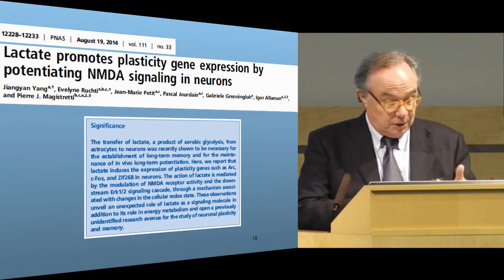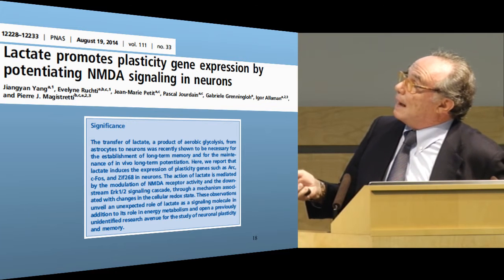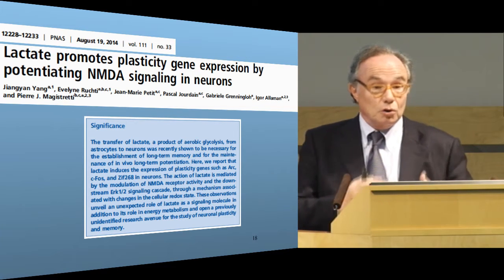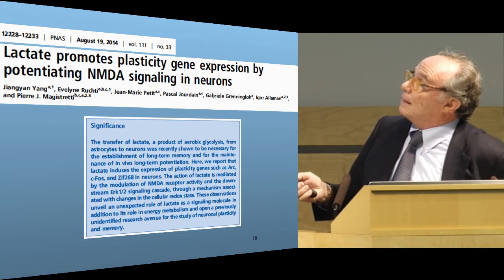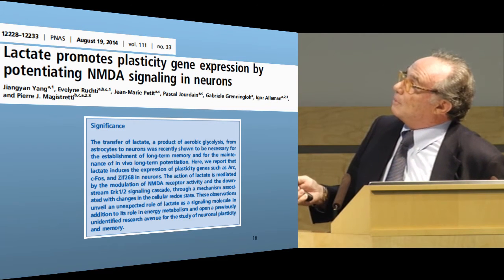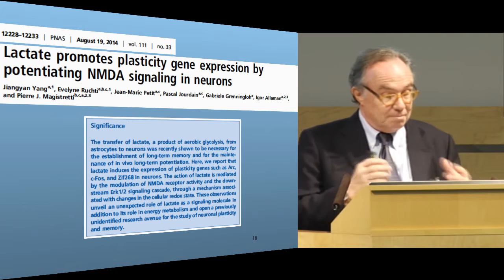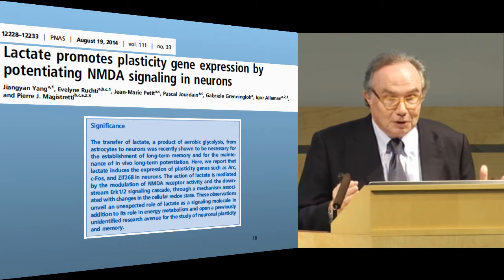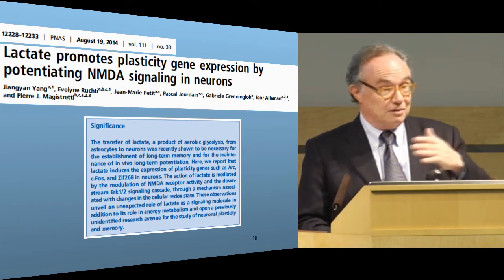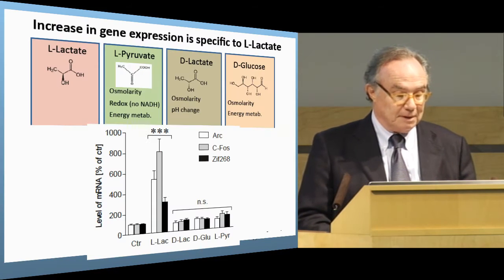But we followed up on the molecular side and found out that lactate is, as I said, not only a signal, but actually a positive modulator of the NMDA receptor, and this results in the induction of plasticity genes. So you have a molecule, possibly a primitive molecule, lactate, that is energy metabolism and also a signal for plasticity.